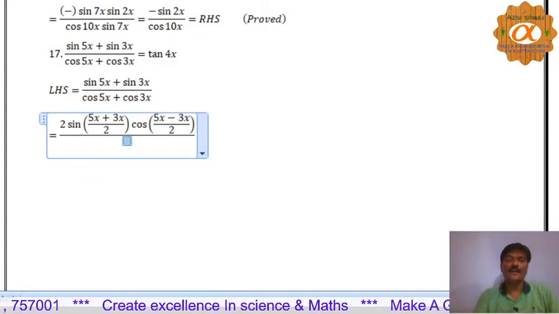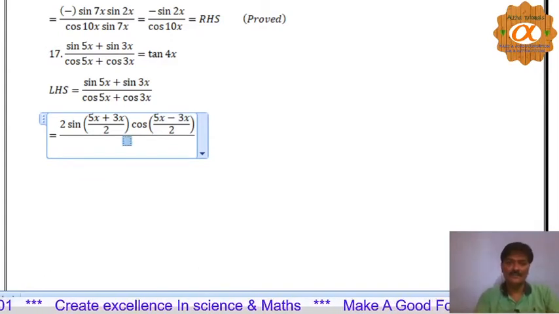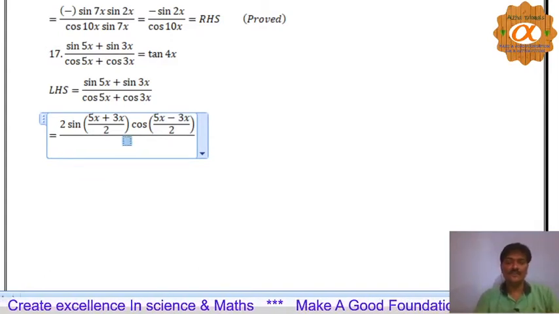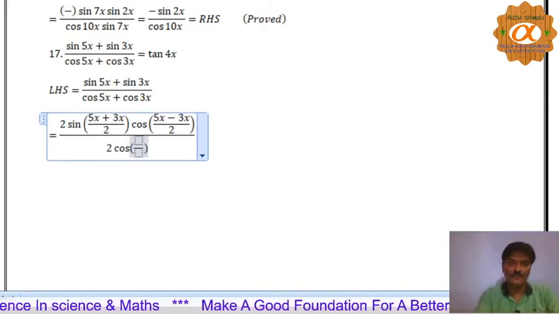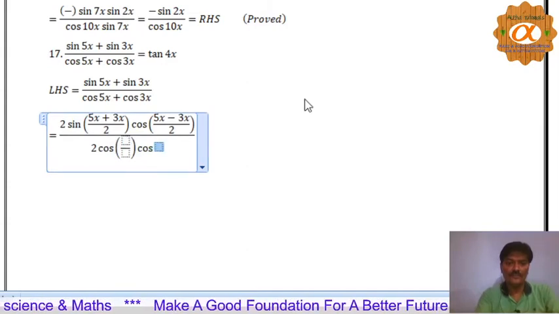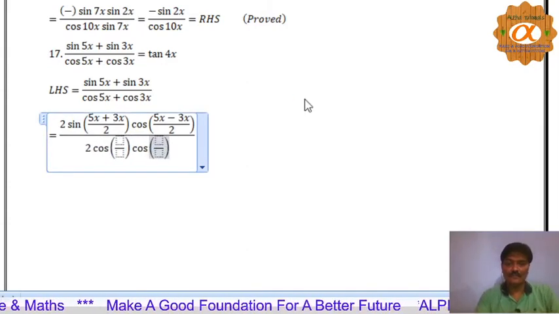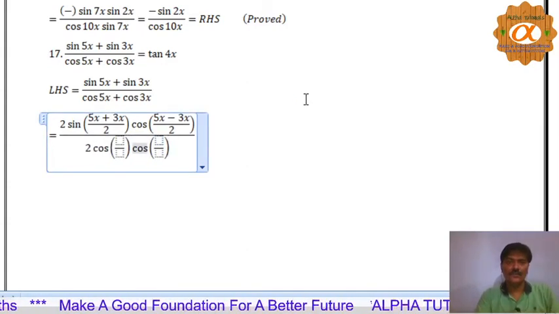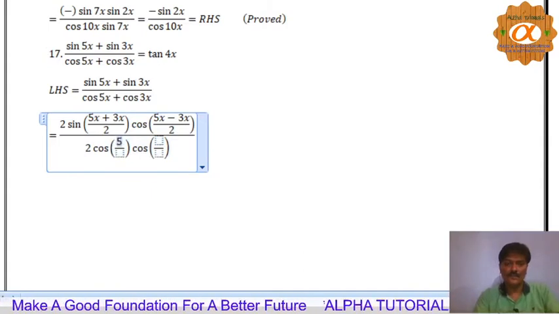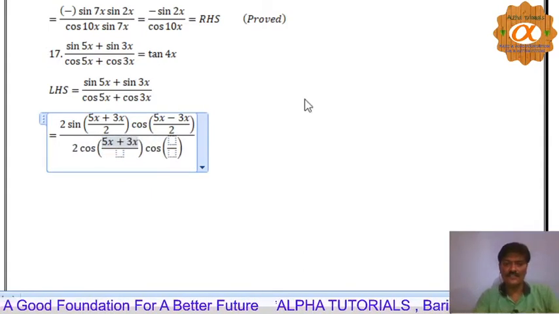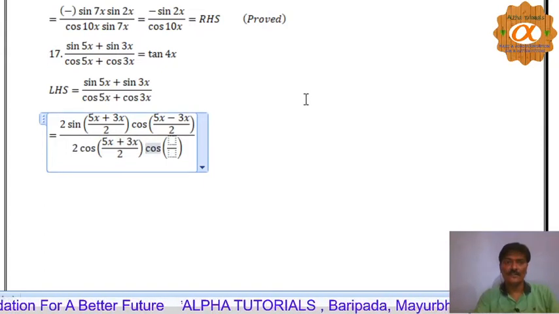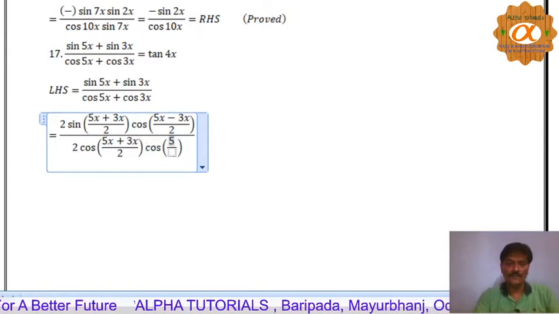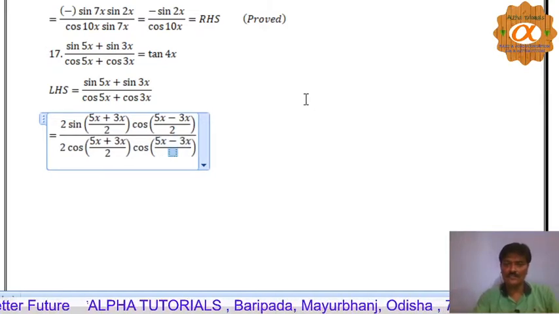In the denominator side, it is cos A plus cos B. Cos A plus cos B is equal to 2 cos A plus B by 2 and cos A minus B by 2. So it will become 2 cos 5x plus 3x by 2 and cos 5x minus 3x by 2.